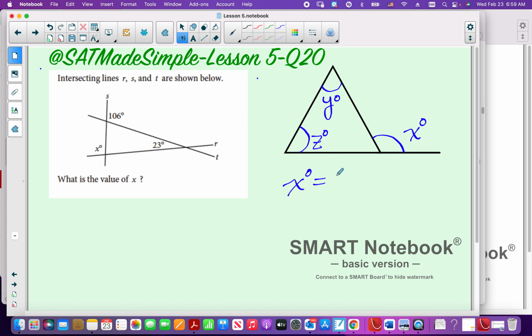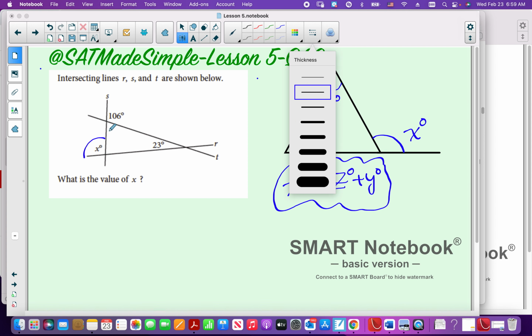So therefore x is equal to z plus y. That is a property that we need to use in order to solve this question. So you can see x is an external angle. So x is equal to 23 plus this angle.